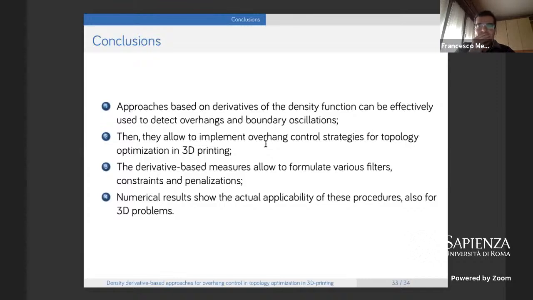In this regard, I take advantage of this question to point out that the adaptive filtering technique is particularly efficient, because you don't have to compute the measure at every iteration. We did it, for instance, every 25 iterations. If you add to this fact the use of order 1 elements, which you would need for the PUP constraint, then the overall overhang control by adaptive filtering is not expensive.